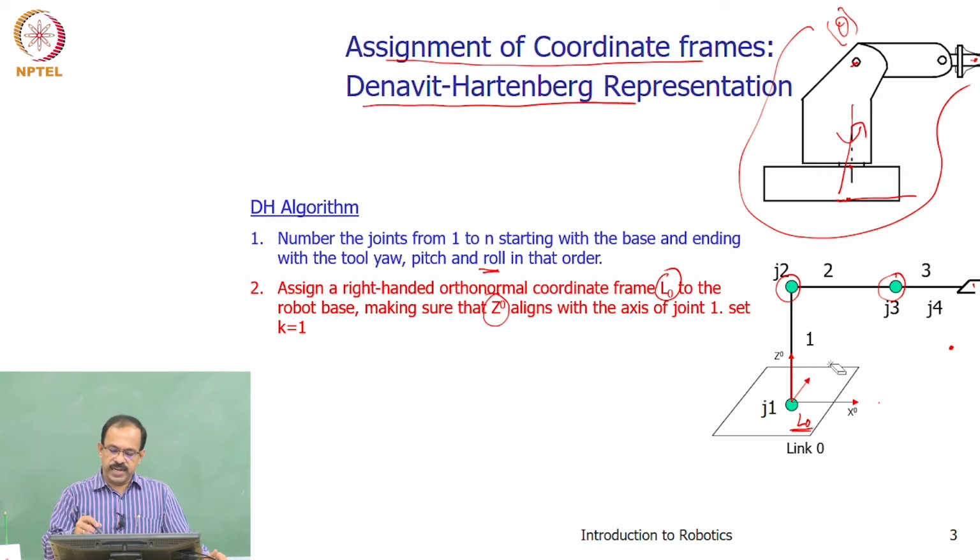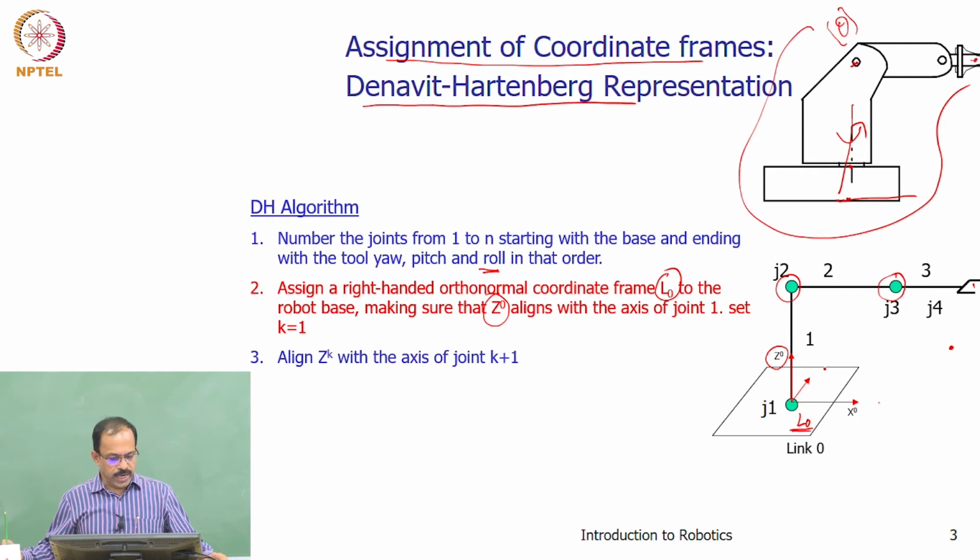So the first thing is align the z-axis with the joint axis, and then get x and y based on the right-handed coordinate frame. Okay, the next one is align z-axis with the axis of joint k plus 1. So now find out what is the next z-axis or z1, and align the axis of joint k, zk, with the joint k plus 1.